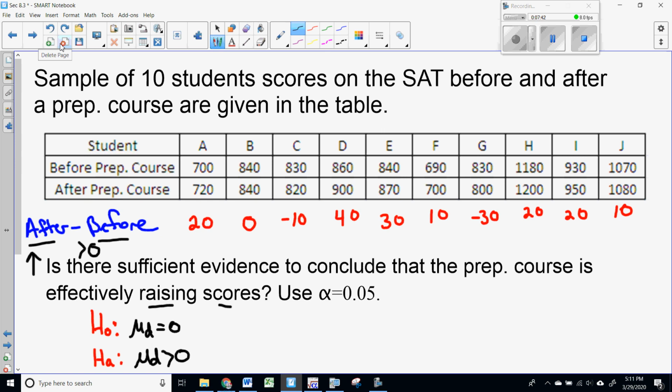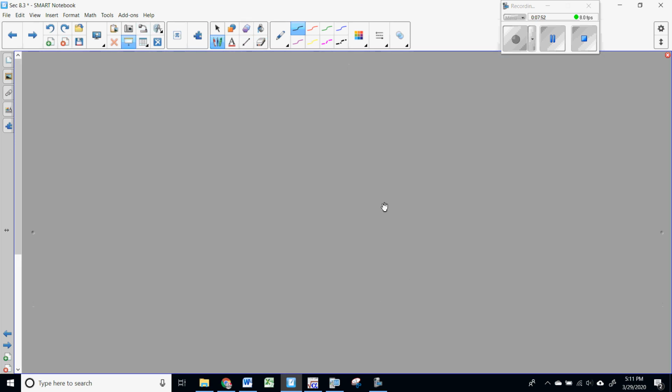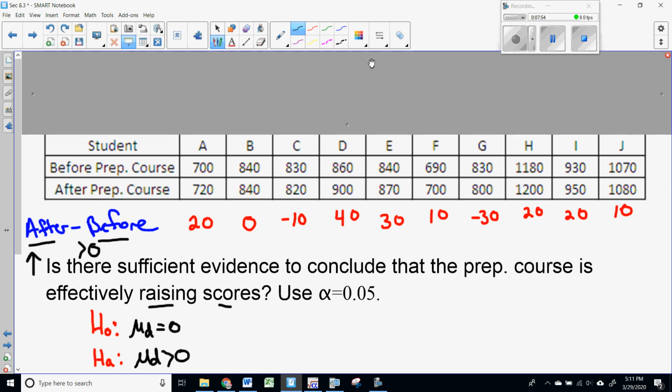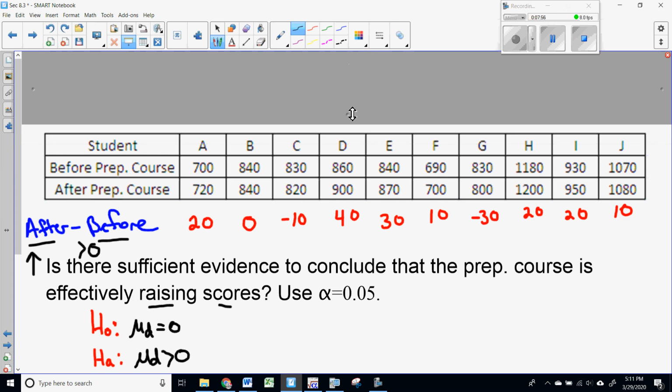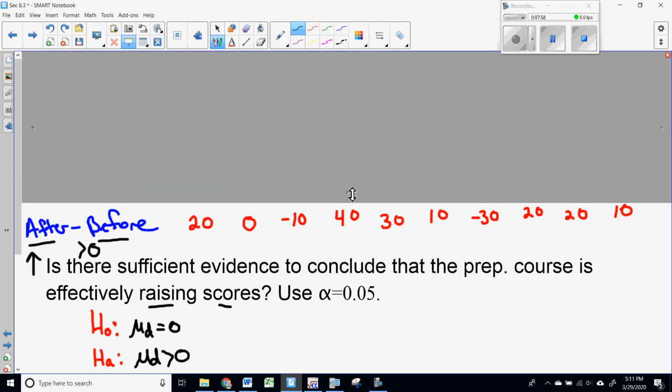Now, to make this as simple as possible, once we have subtracted and got our H sub O and our H sub A, really all of this original data of the before and the after doesn't matter.